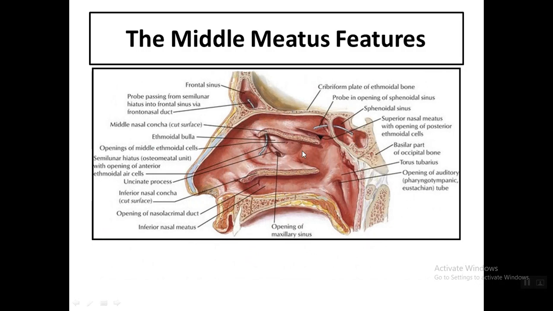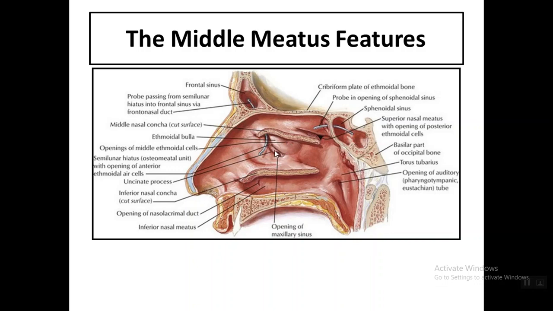Here we are removing the middle concha, exposing the hiatus semilunaris, which we said is a curved opening. Here this is what we call the bulla, the rounded swelling called bulla ethmoidalis, which represents the middle ethmoid air sinus, and the opening of the middle ethmoid air sinus is on the bulla.